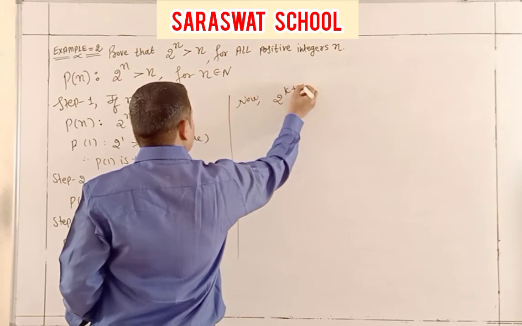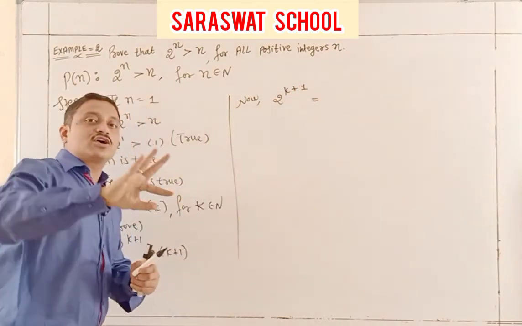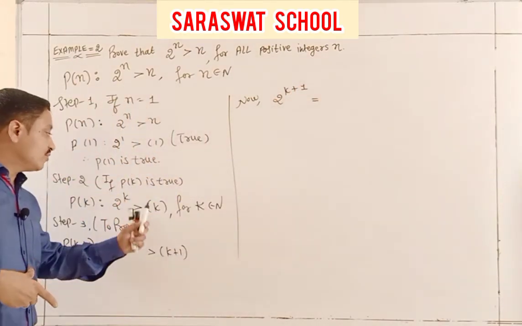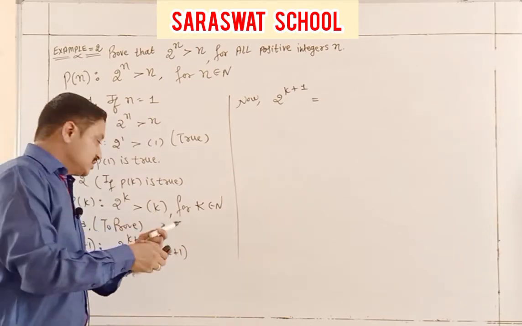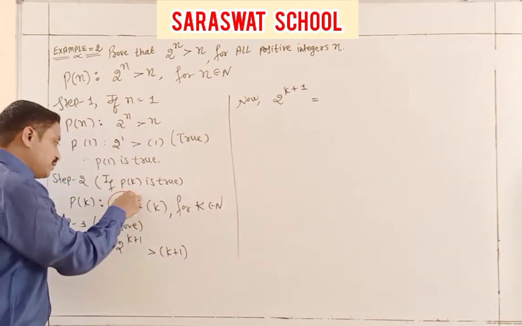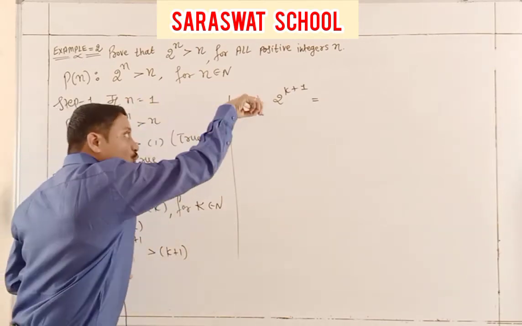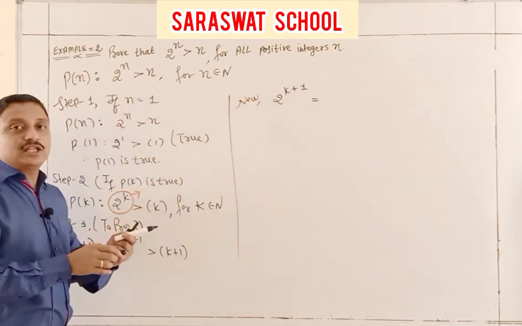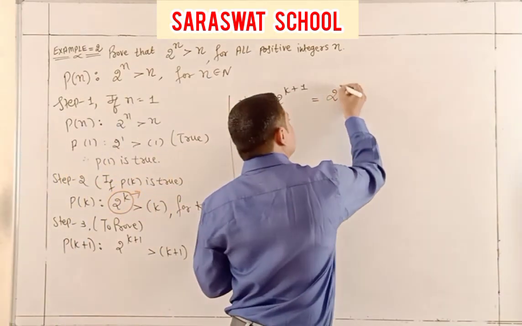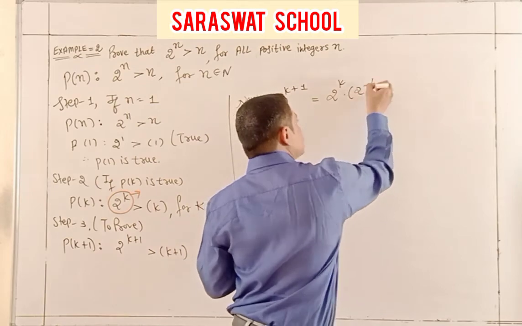2 raised to k plus 1. Just convert it in terms of step 2, which implies that P of 2 raised to k. So here I just dissolve it into two terms: 2 raised to k and 2 raised to 1.